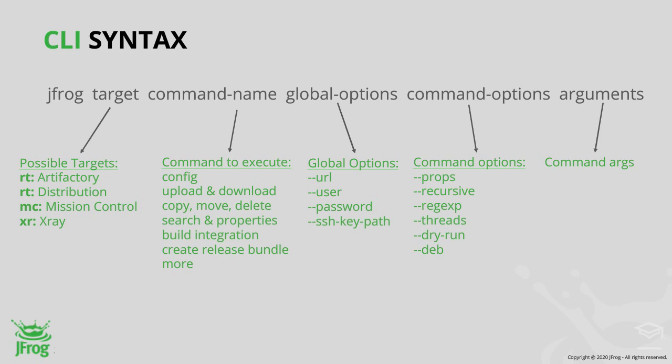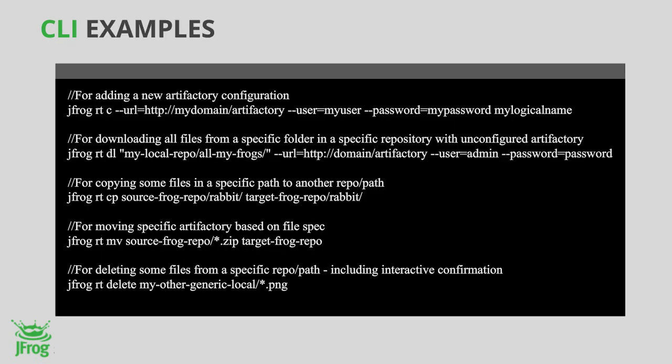Any command also has the relevant abbreviation, so, for example, the upload command is simply a U or something like that, and then some additional parameters and arguments, both for global utilization or the command options or arguments to that command. These are some examples, but I will show more in the live environment.